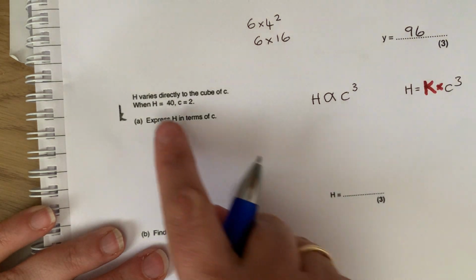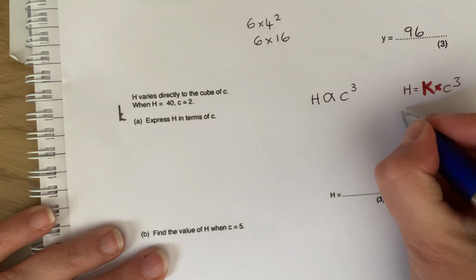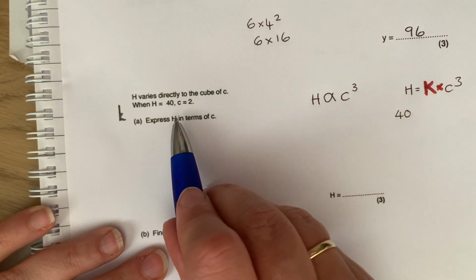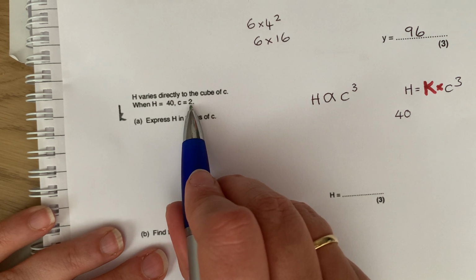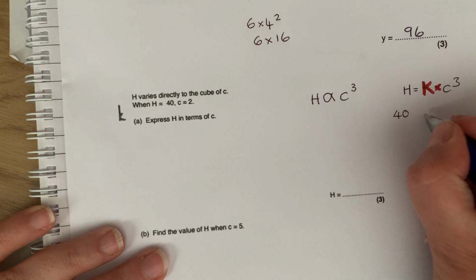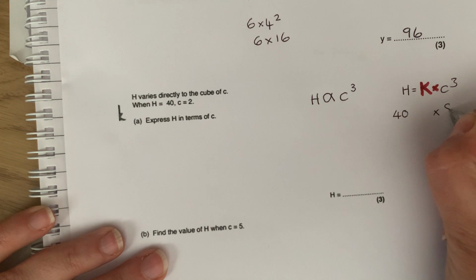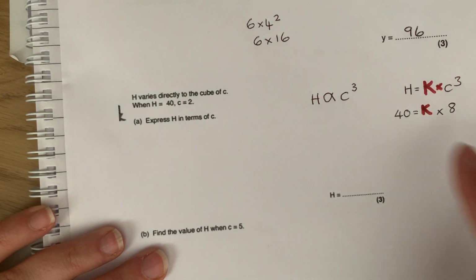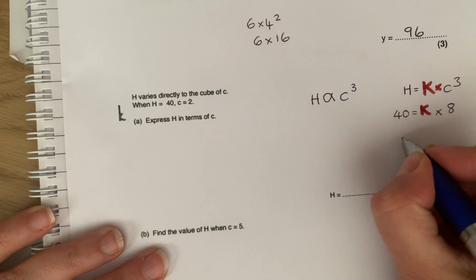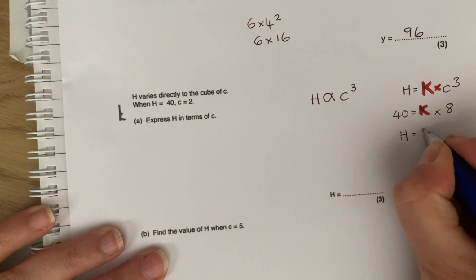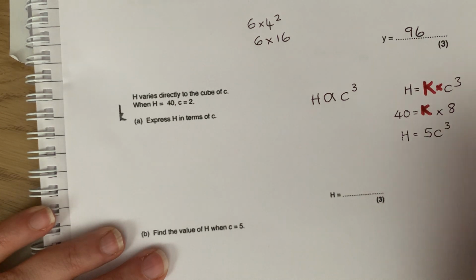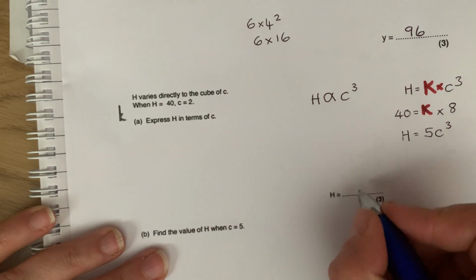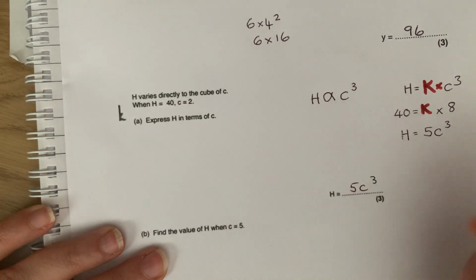Then I'm going to put my numbers in: h is 40, and c is 2, so 2 cubed. 2 cubed is 8. So we can see here that k is 5, isn't it? So I've got my formula, h equals 5c cubed. Now that's the answer to this bit here, because it just wants h in terms of c, so it's asking for that equation.